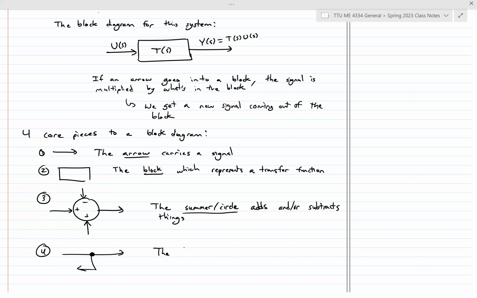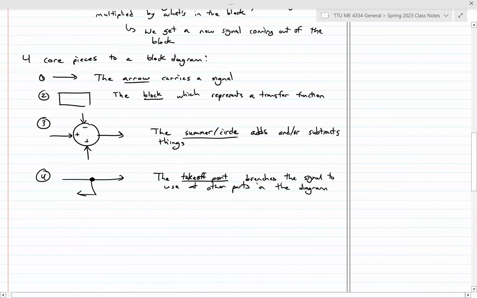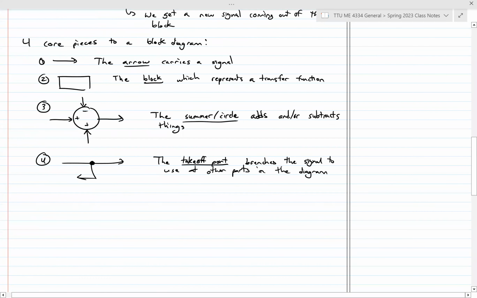So the takeoff point branches the signal to use at other parts in the diagram. It is not splitting the signal in half, it's cloning it. It's duplicating it. That's what a takeoff point does.